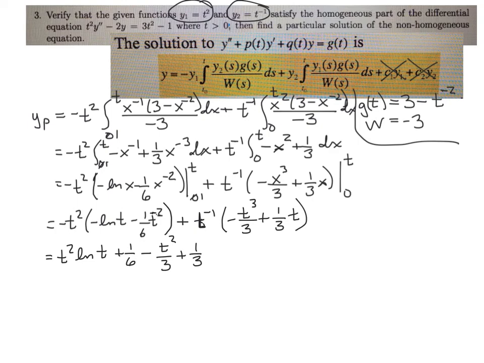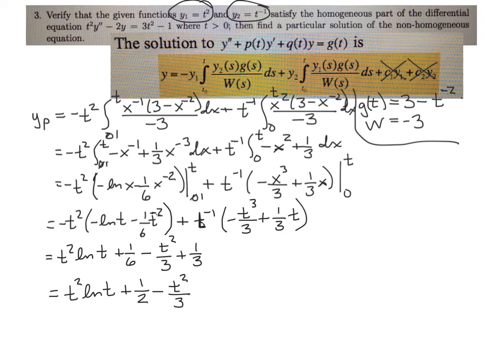I can combine some stuff together. The 1/3 and the 1/6, 1/3 plus 1/6 is 1/2, right? Because that's 2/6, 3/6, yeah, minus t squared over 3. All right, and then we're almost there.